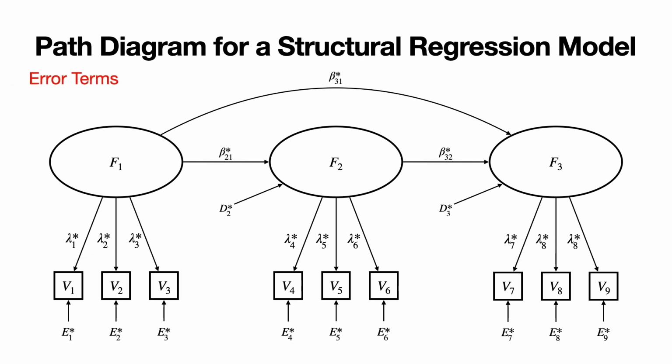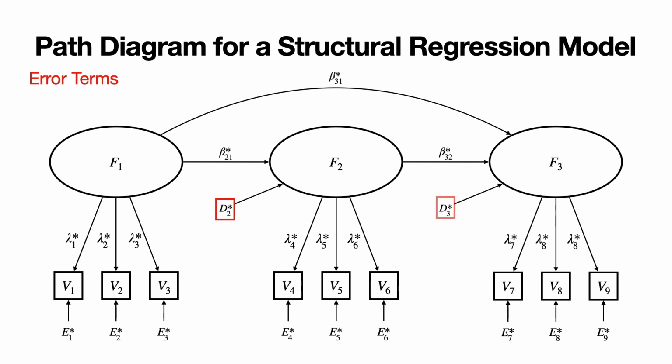Next, let's identify the error terms in this model. In general, there's going to be an error term associated with each regression type of equation in the model. And so if we identify the various response variables that exist in this system of equations, there's going to be an error term associated with each model where each of those variables is a response.